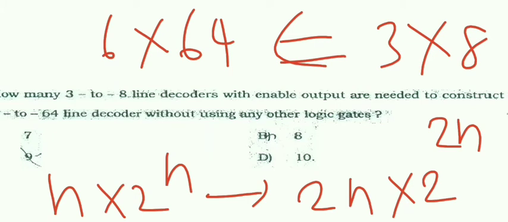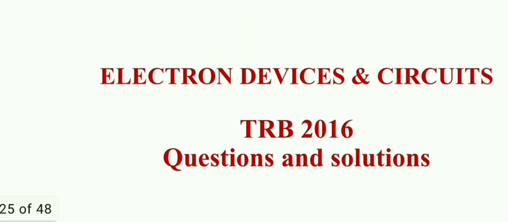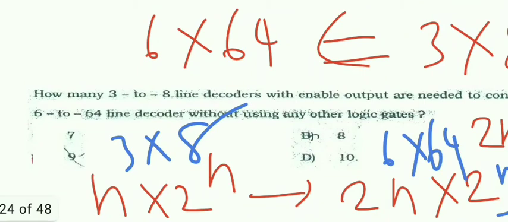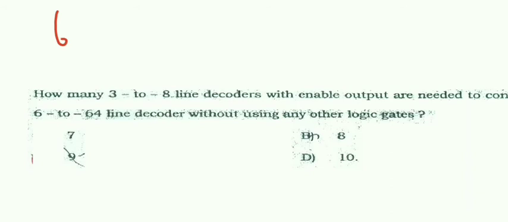So what they asked, 6 cross 64. So n is equal to 3. Please remember, here 3 by 8. So how many decoders are required? Let me explain simply. 6 by 64, by using 3 cross 8.